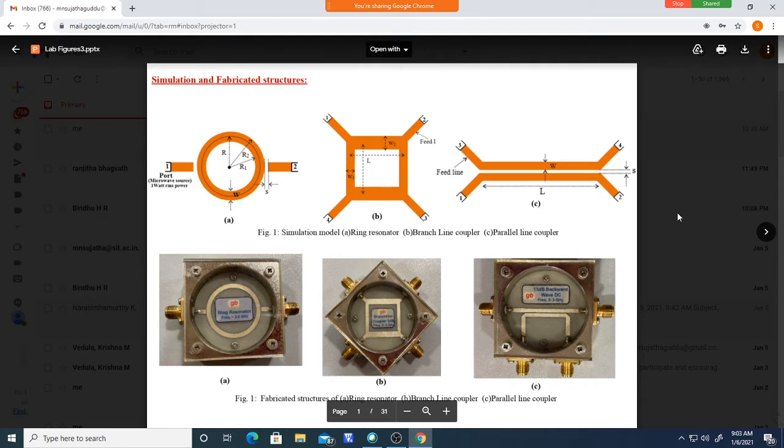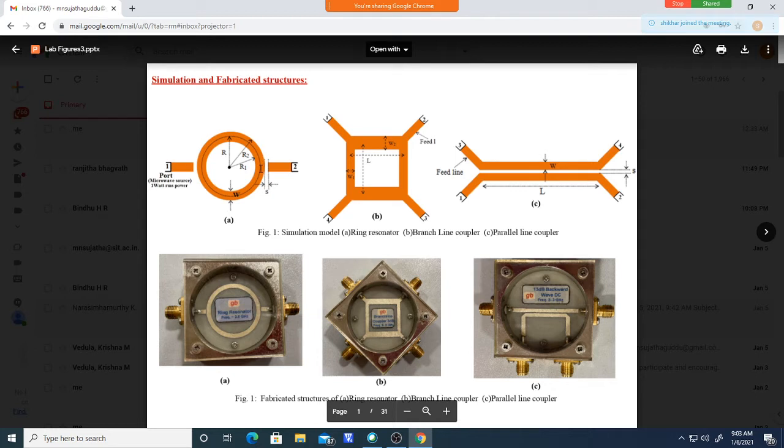We have done simulations of some microstrip structures. Those simulation experiments in the list of simulation experiments, we will be doing using hardware, in the hardware laboratory.